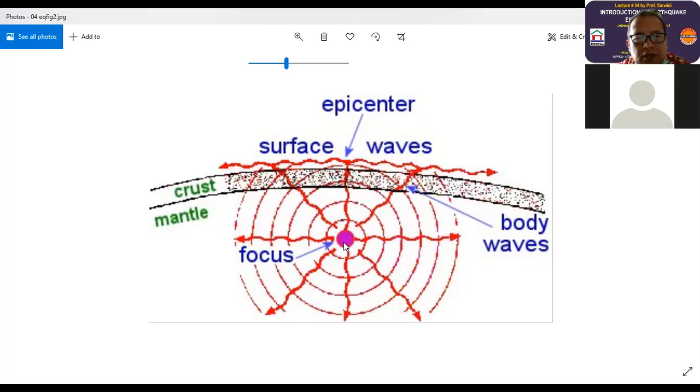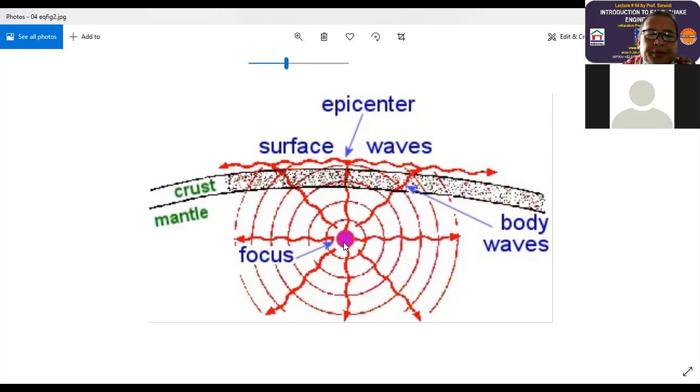Actually, the focus is not round like this one, but could be a three dimensional shape, because this is the damage of the tectonic plate.